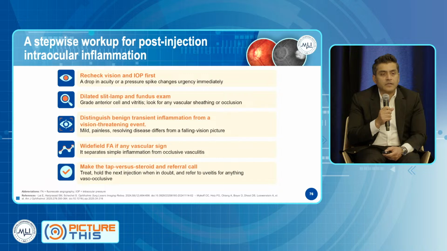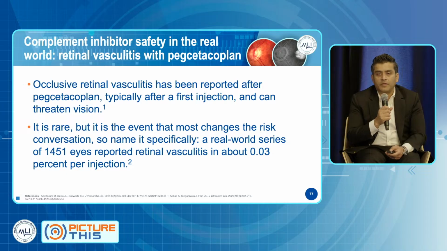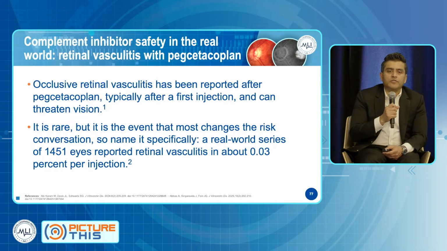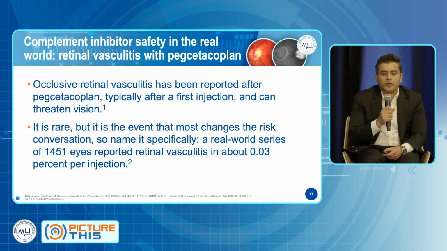Sometimes you may need fluorescein angiography to make sure there's no vasculitis, and then obviously treat it with topical, systemic or local steroids. Retinal vasculitis with pegcetacoplan was not reported in any of the clinical trials. It is reported in the real world, and it typically happens after the first injection. What we have learned is to treat aggressively so we do not lose vision.